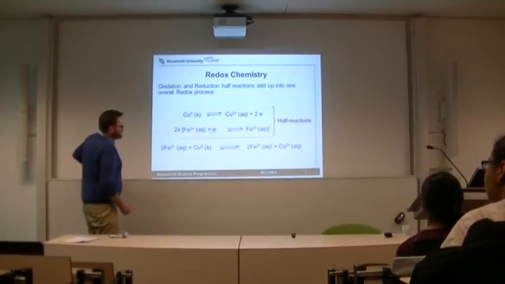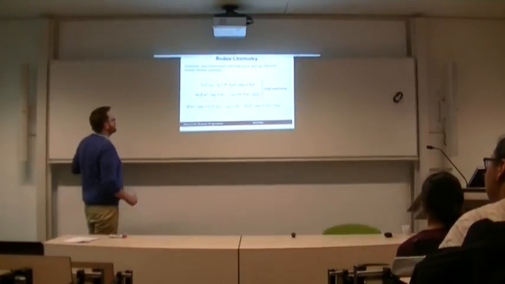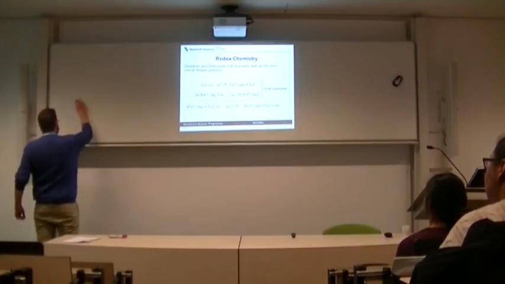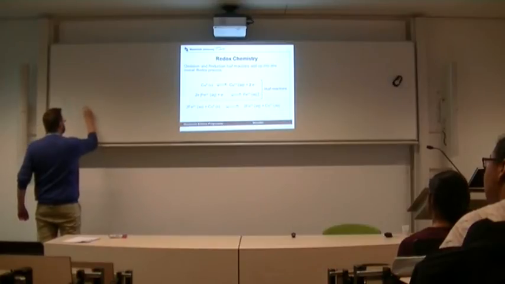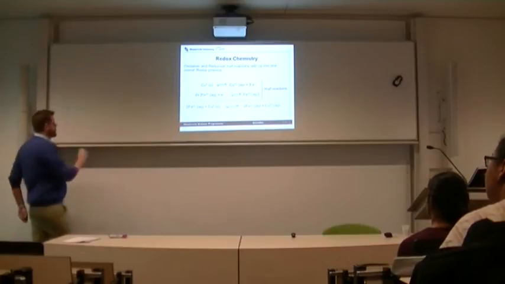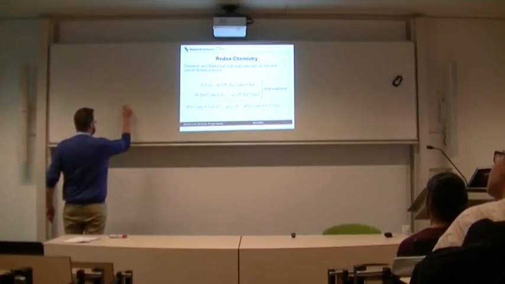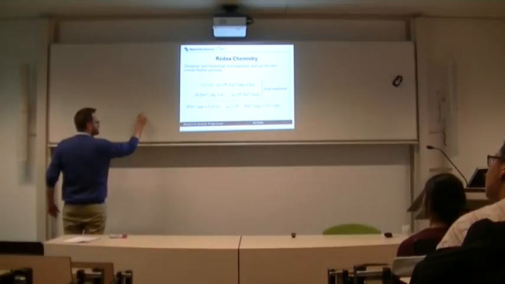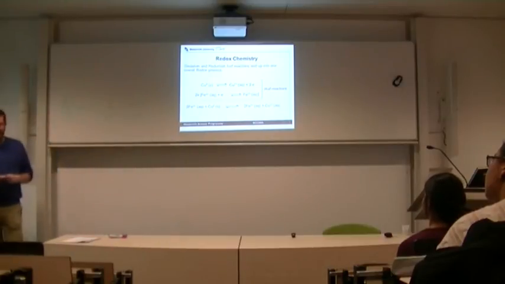All right. So we have a piece of copper in an iron 3+ solution, and I want to write a balanced redox reaction. So copper is going to go to copper 2+. Iron 3+ is going to go to iron 2+, apparently. Now that's our starting point.